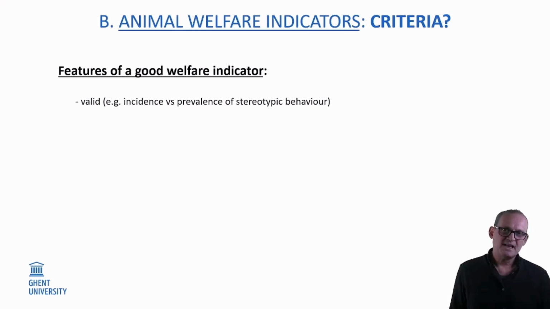For me, this is a less valid measure of welfare than the incidence of stereotypic behavior, the number or the percentage of animals starting to show stereotypic behavior over a time period. Because it's the development of stereotypic behavior that is more relevant than animals showing stereotypic behavior.